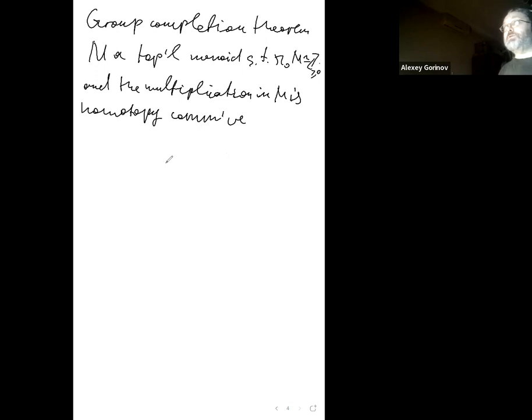Well, this means that two maps from M squared to M, the multiplication and the multiplication in the reversed order, are homotopic. And this is again true for M infinity.